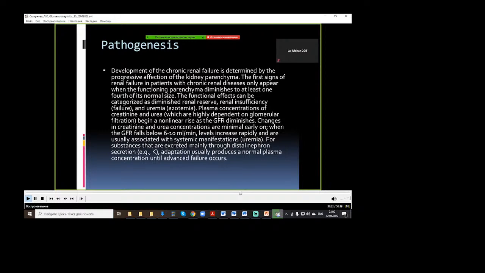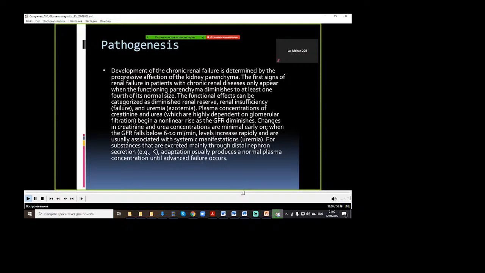The functional effects can be categorized as diminished renal reserve, renal insufficiency or failure, and uremia or azotemia. Plasma concentrations of creatinine and urea, which are highly dependent on glomerular filtration, begin a non-linear rise as the glomerular filtration rate diminishes.